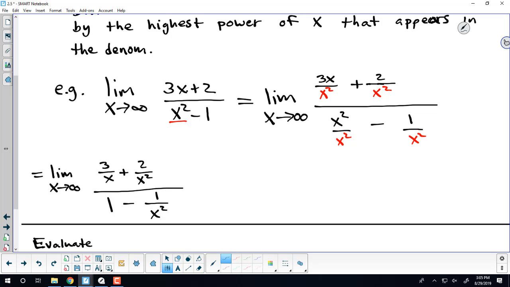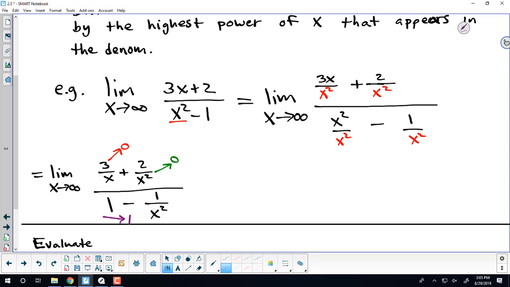So what is the limit as x approaches infinity of 3 over x? This is 0. The limit at infinity of 2 over x squared also approaches 0. The limit at infinity of 1 approaches 1.